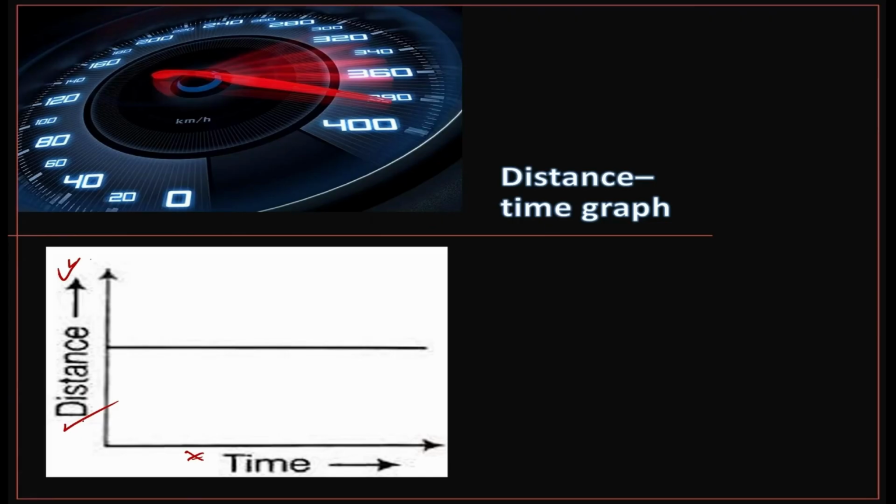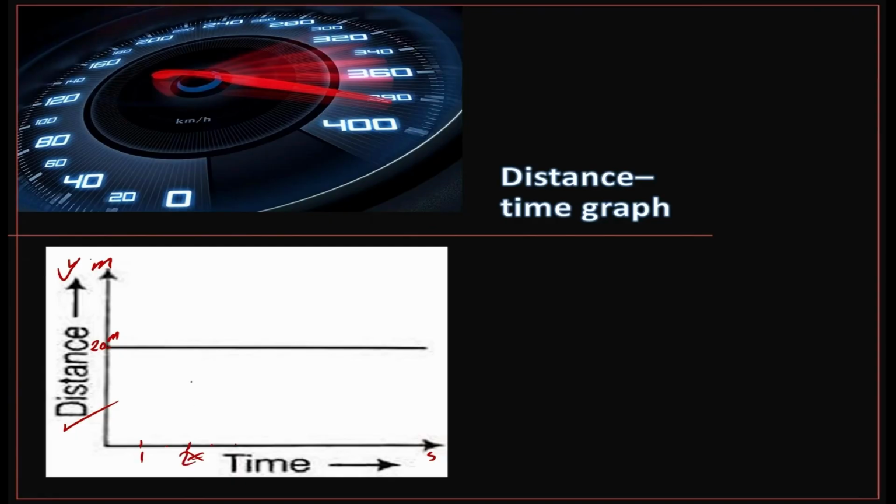We'll see here how the distance changes as time changes. Look at this. As time changes, what happens to the distance? Does it increase, decrease, or what? For example, if I say the distance is in meters, and this point here is 20 meters. After 1 second, for example, the time is in seconds, what is the distance? 20 meters.